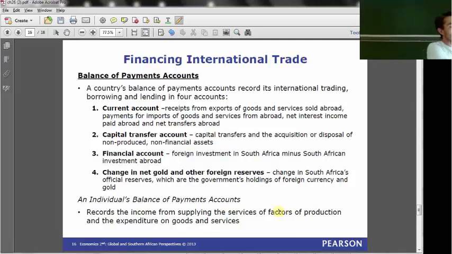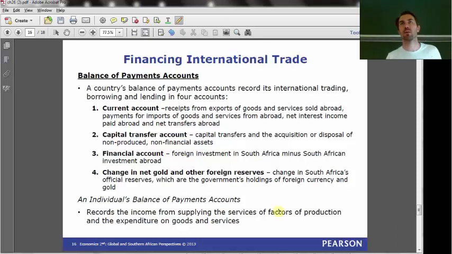You also have this little thing called a capital transfer account, which is a funny little thing. It's basically weird financial transactions that are not from the sale of goods and services or assets. For example, if people immigrate into this country, they bring assets with them, and that goes into the capital transfer account.